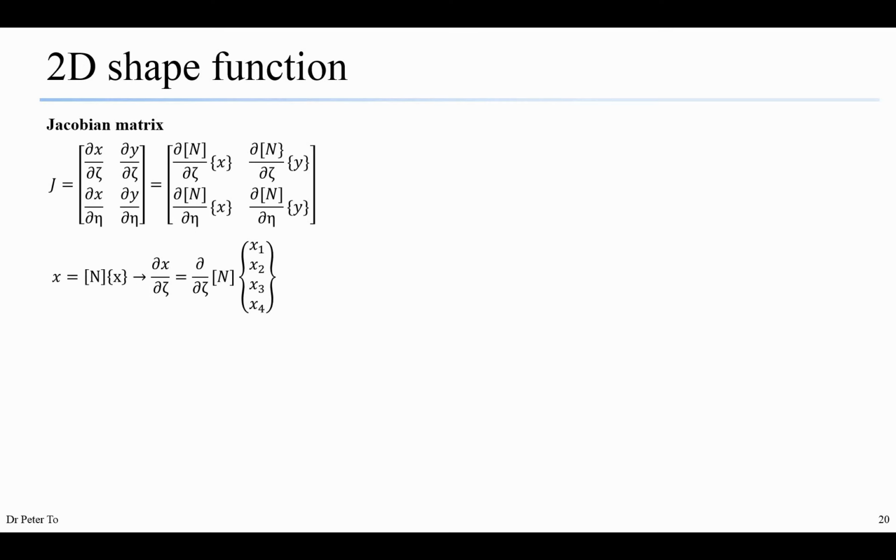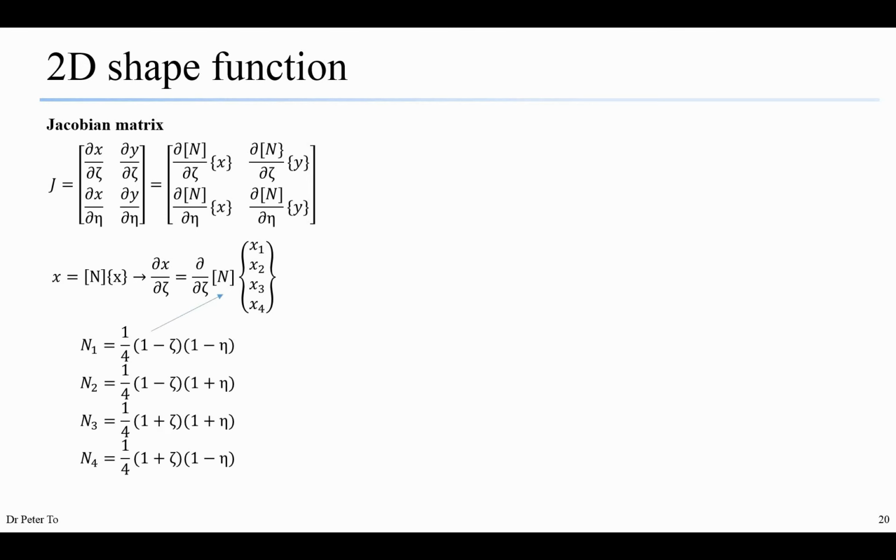For example, for x, I have x equal to N times the vector x, where vector x is x1, x2, x3, x4, and therefore we can know the derivative of N over zeta because we know the functions N1, N2, N3, N4, and we know x1, x2, x3, x4, so we can calculate the x position.